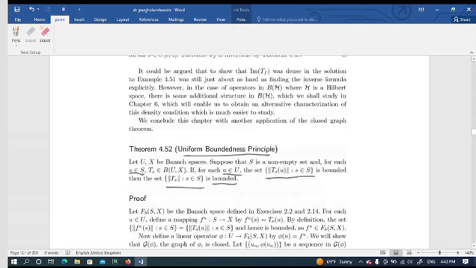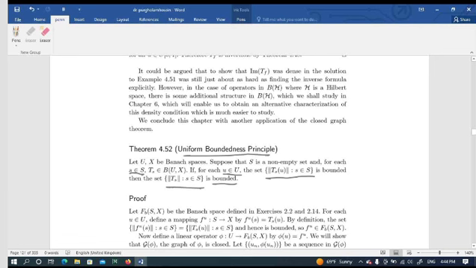This is also an important theorem, the uniform boundedness principle. This theorem says that if U and X are Banach spaces and S is another set, and for each s in S, Ts belongs to B(U, X).